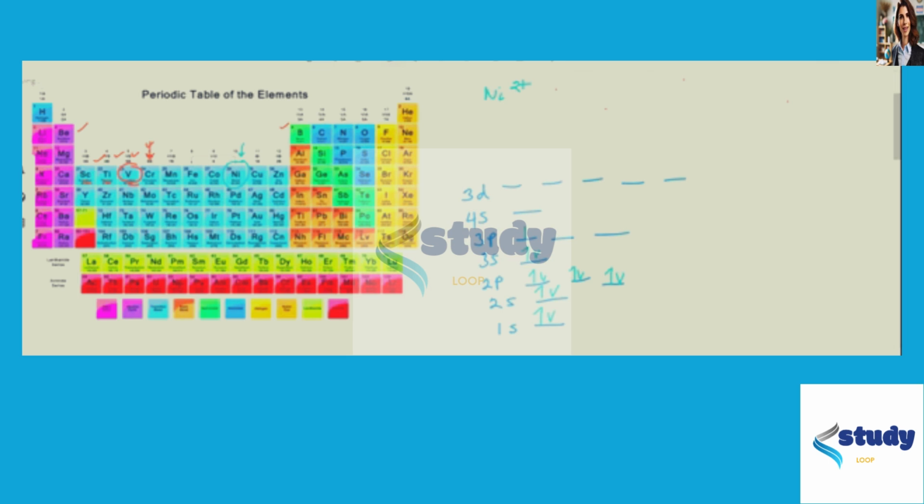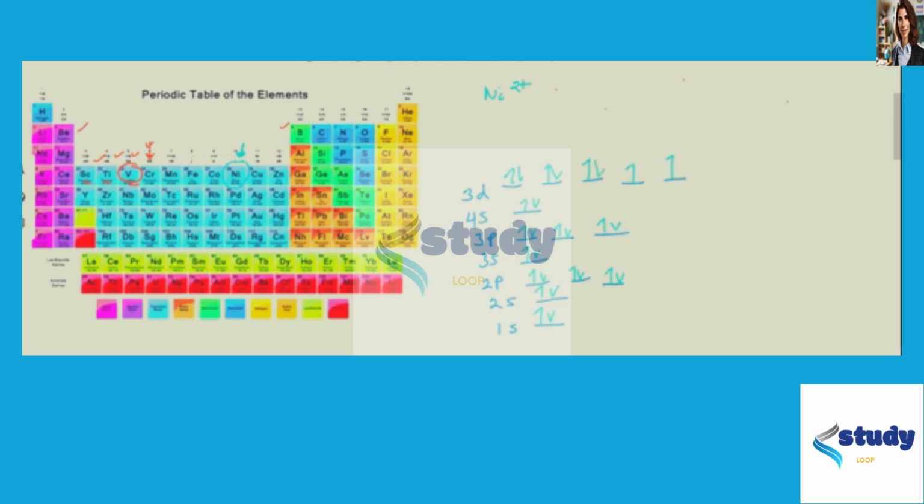So it too is going to have completely filled subshells all the way up through the 4s subshell. And then when we reach that 3d subshell, we end up needing 8 electrons in the 3d subshell. So we start by placing 1 electron in each of the 5 orbitals and then start pairing up orbitals until we reach 8 electrons.